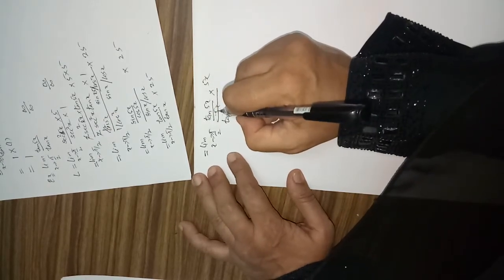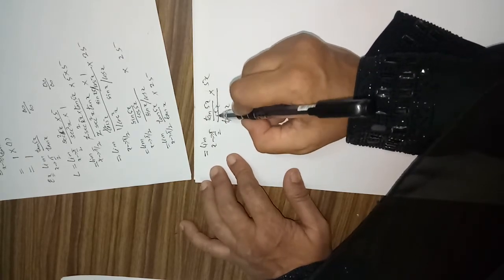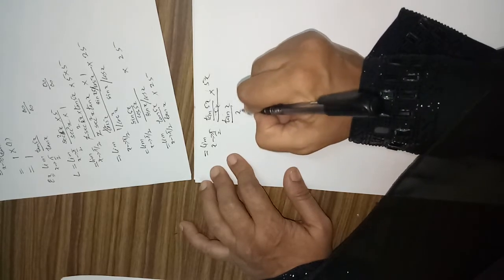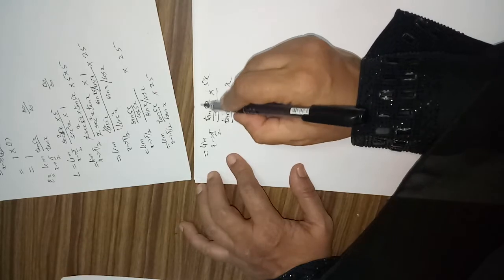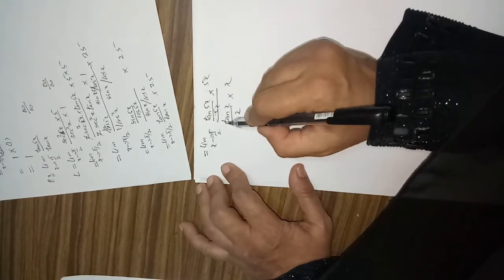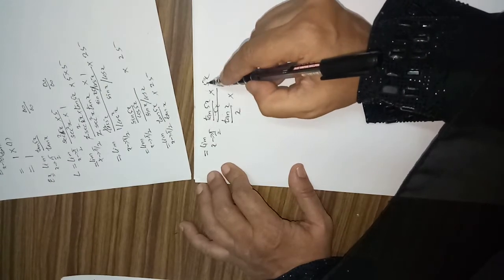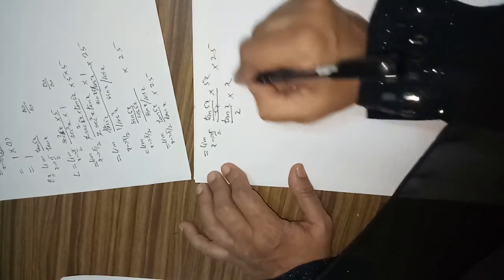Tan 5x by 5x, its limit will be 1. So I am making some adjustment. I am multiplying and dividing by 5x. Here we require x, so I shall multiply and divide by x, so that its limit is 1, and here x cancels, there remains 5, and together with this we have 25.